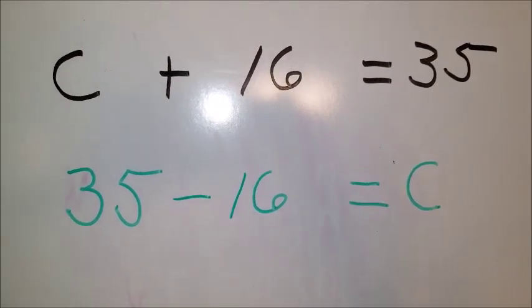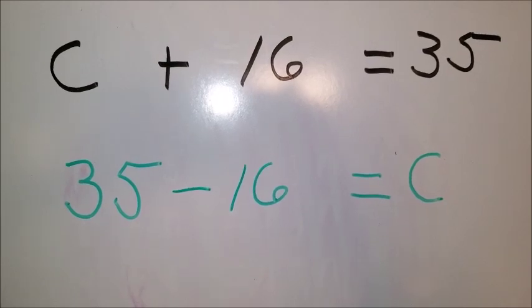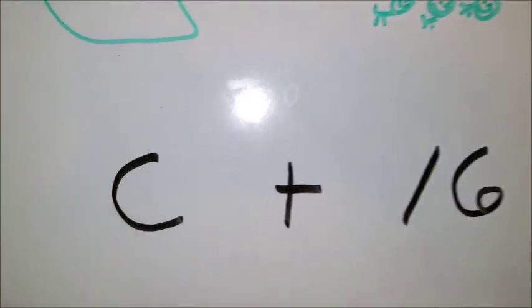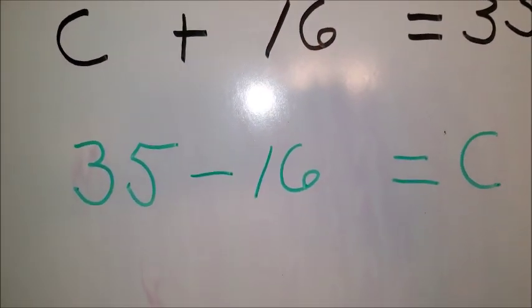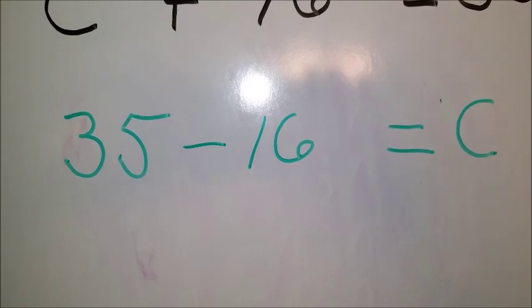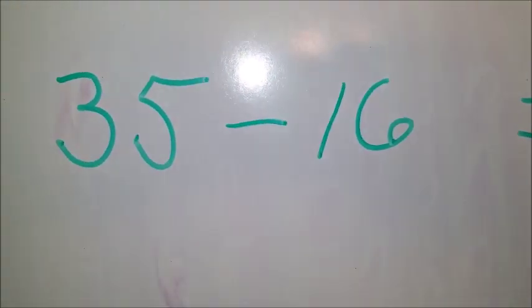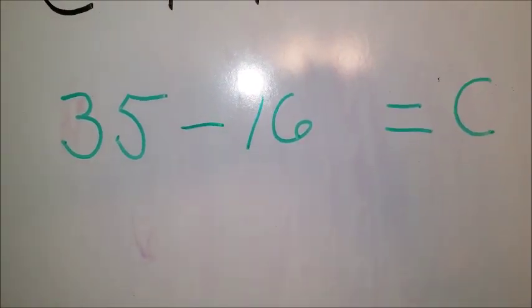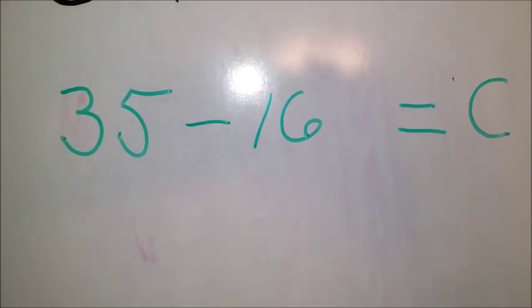Just like our example, we can just simply turn this addition sentence around with a missing start, totally opposite way, and make it into a subtraction problem. Check that out. 35 subtract 16 equals C. So what is C? What is the number of cows? Boy, I'll let you do that on your own.